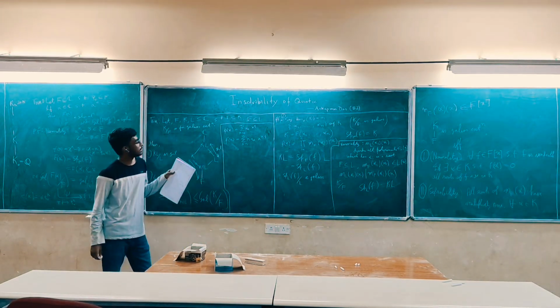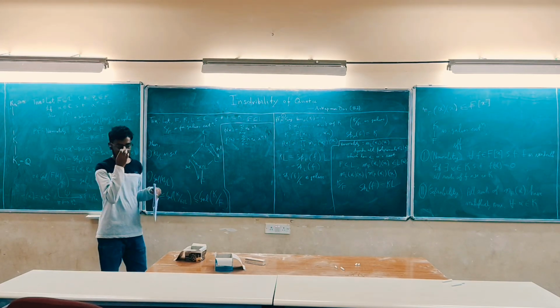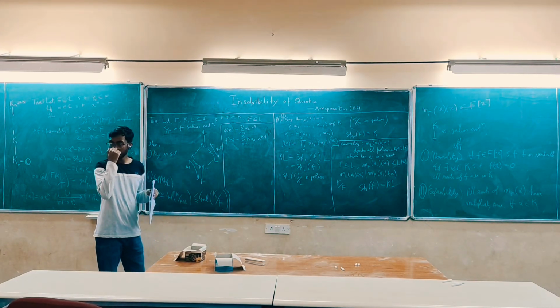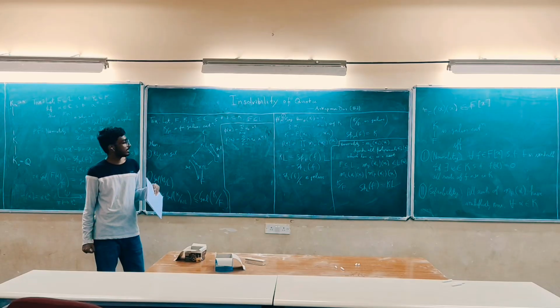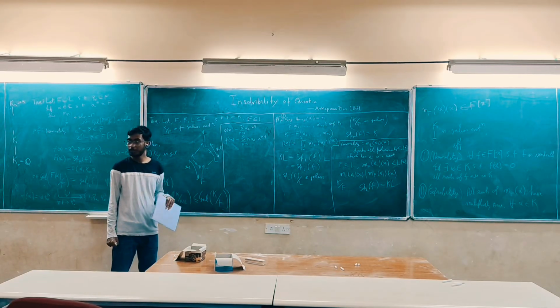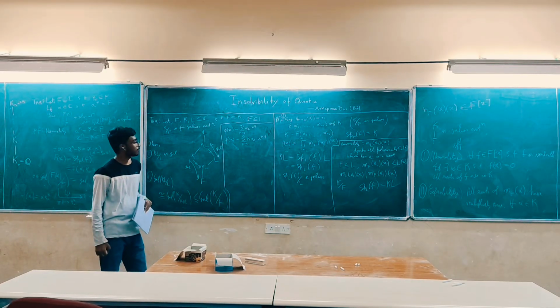We know that if p is an irreducible polynomial and there is a multiplicity at alpha, then both p(alpha) and p'(alpha) are zero.